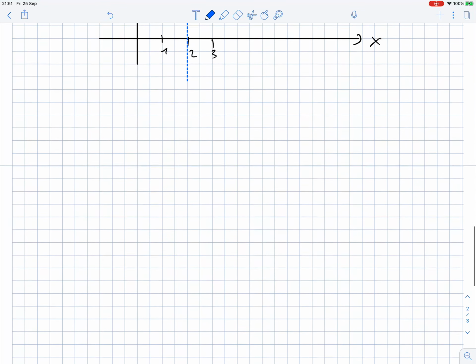Now we have to complete our third point where x equals 3, y equals 6.